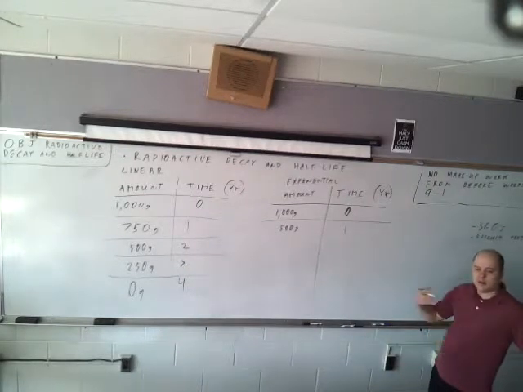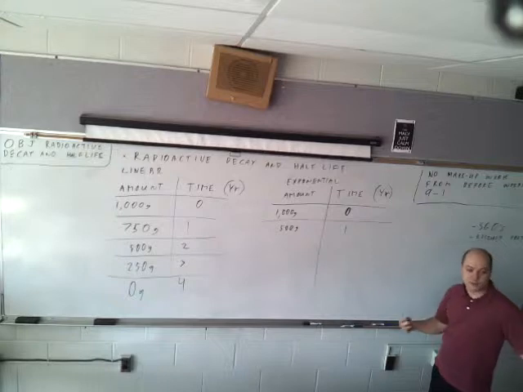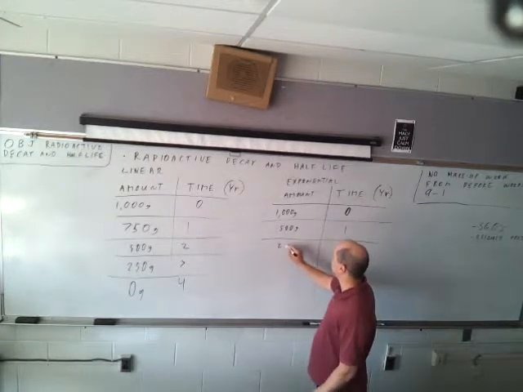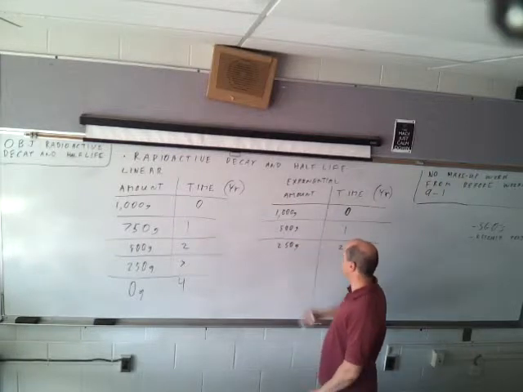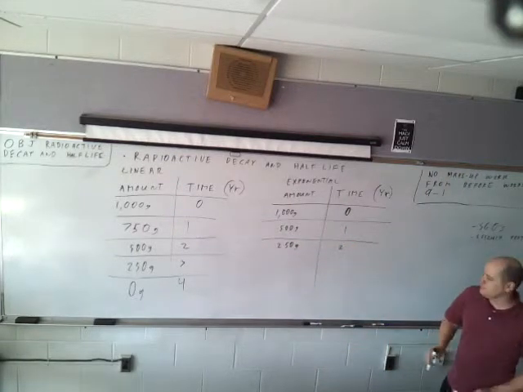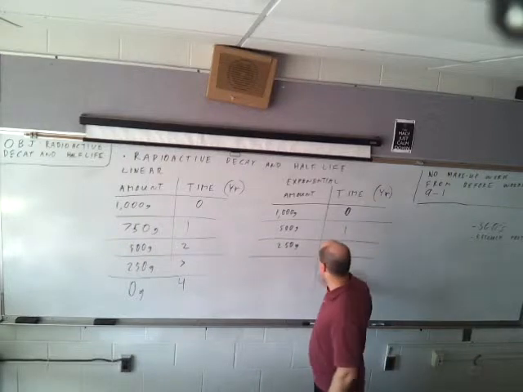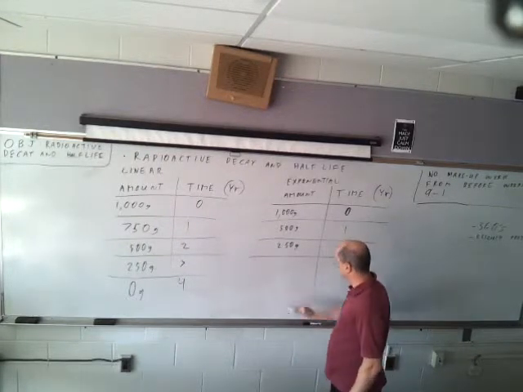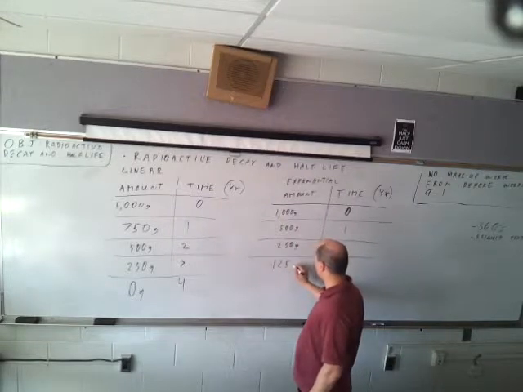But now, after another year, we're going to have half of what's left. So at year 2, we have 250 grams left. And at year 3, we have 125 grams left.